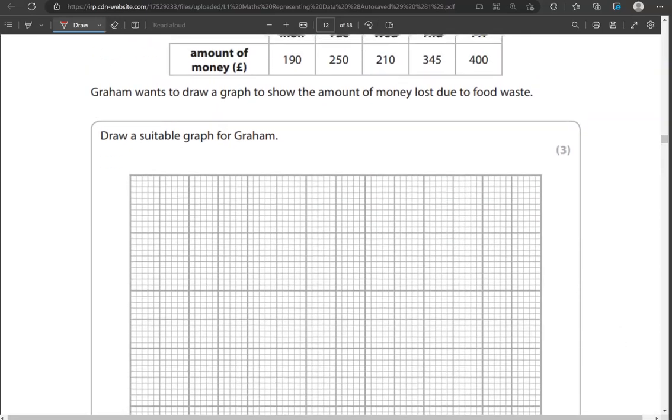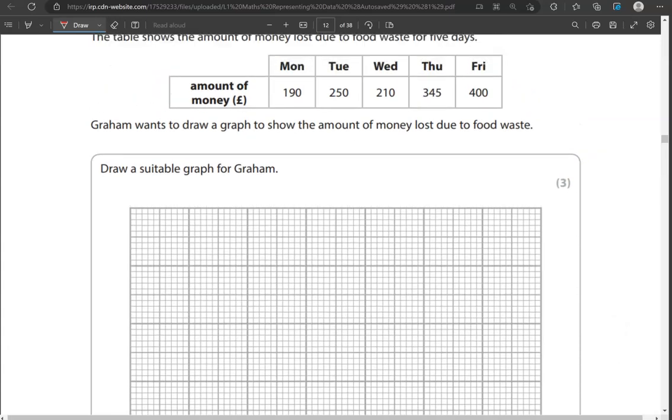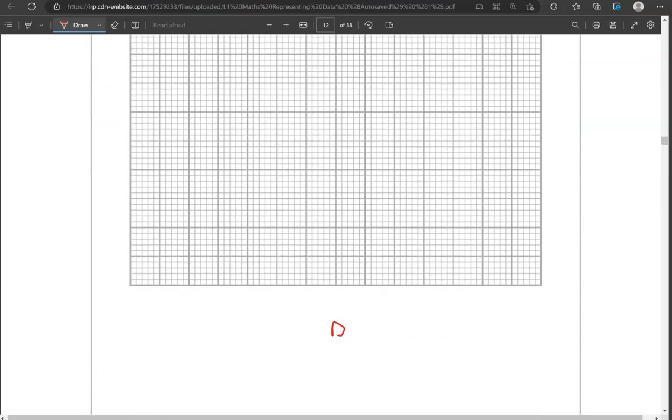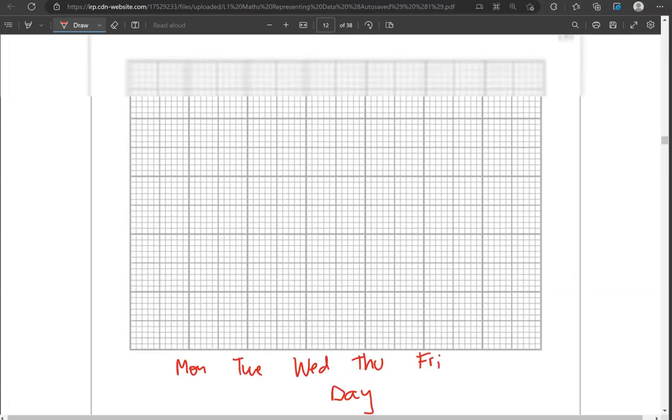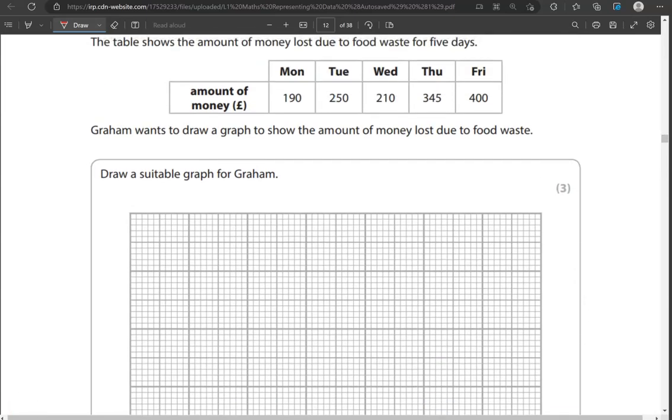So we've got the amount of money, and we've got the days from Monday to Friday. Vertically we'll show the amount of money, and the highest is £400.